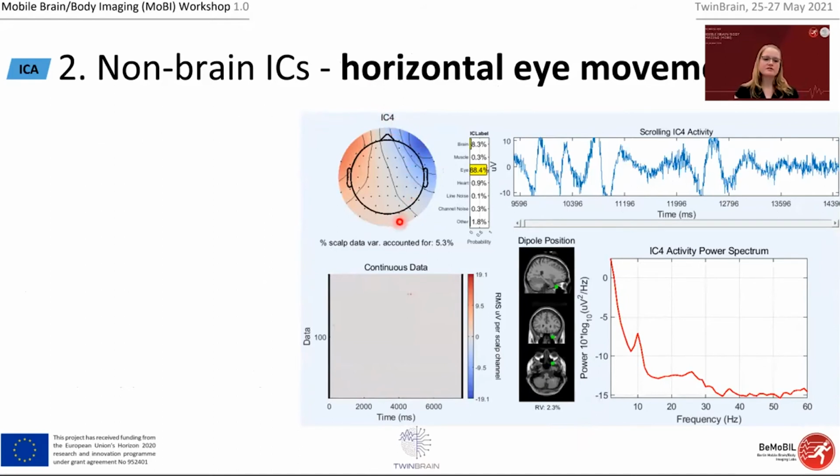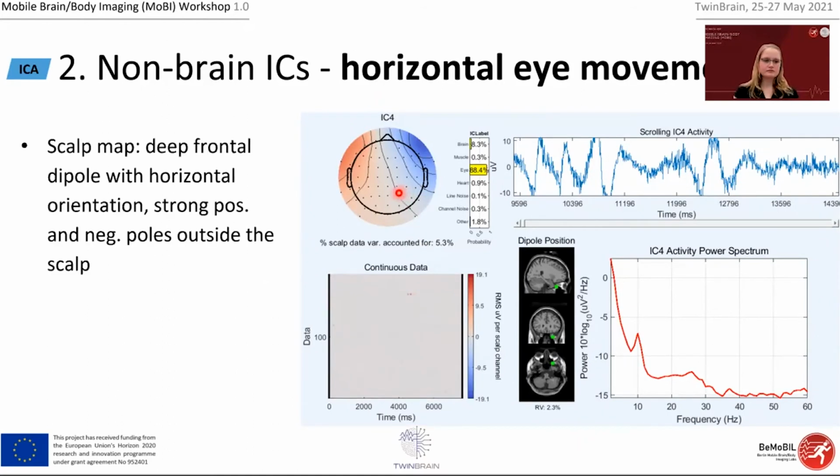So there is also a lot of activity that's due to horizontal eye movement in mobile setups. And what is known for them is that they have deep frontal dipoles that are oriented horizontally. So this is the difference.